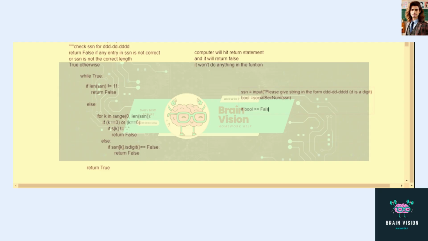And then I say, if bool is equal to true, then I print SSN plus "is a valid Social Security number."